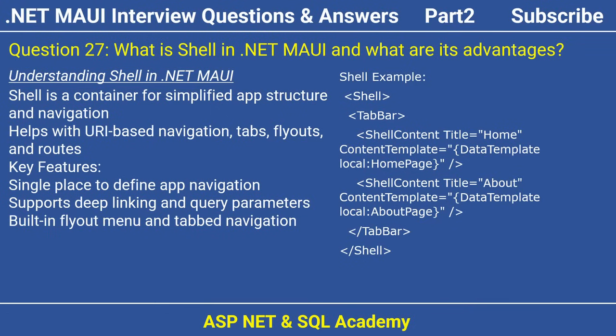It supports URI-based navigation, which makes it easier to navigate to pages with parameters. Shell also gives you built-in features like a flyout menu, back navigation, and route mapping. This helps reduce boilerplate code and keeps your navigation logic clean and maintainable.